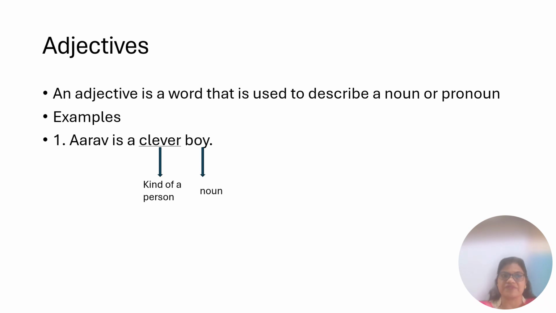What are adjectives? If you see the definition of adjective in your grammar book, you'll find that an adjective is a word that is used to describe a noun or pronoun. But in simple language, an adjective always describes the kind or quality of a person, place or thing, also known as descriptive adjective.